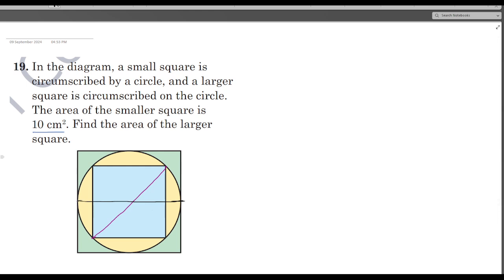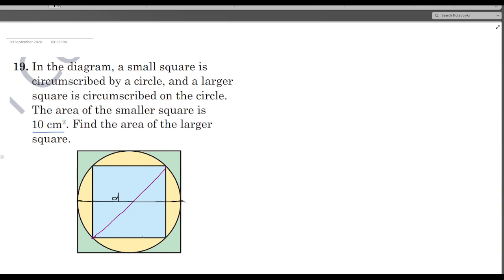Now for this outer square, if I am able to figure out this diagonal length, let us name it D. Then the area of the outer square will be D square, right?